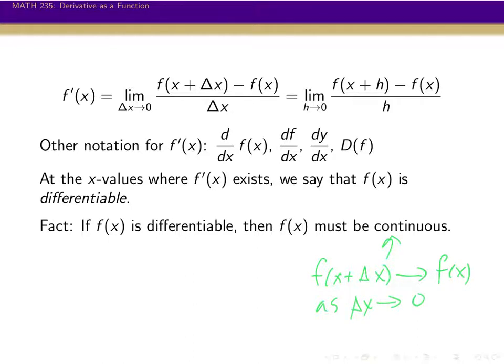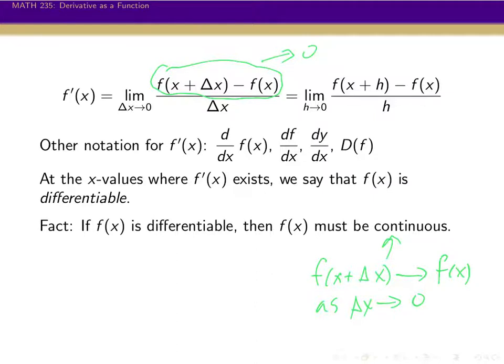That has to happen in the definition of the derivative, because as delta x goes to 0, the numerator has to go to 0 as well to cancel off the delta x going to 0 in the denominator. If it was going to any other value, or not going to anything at all, there's no possible way for this limit to exist.